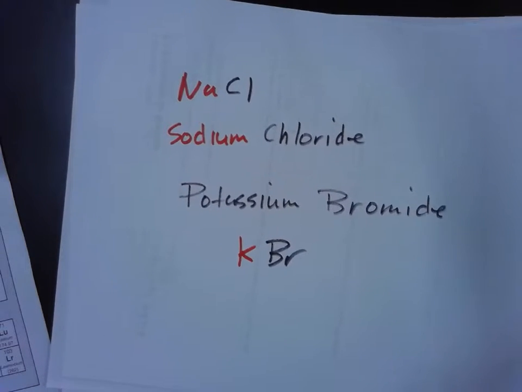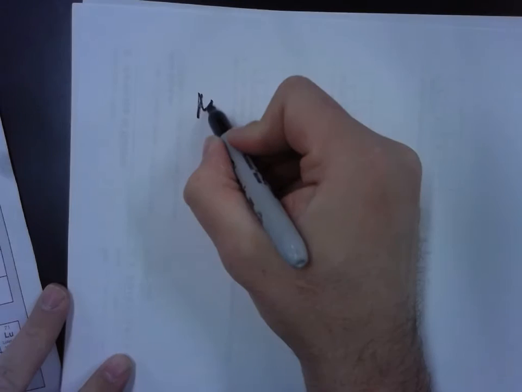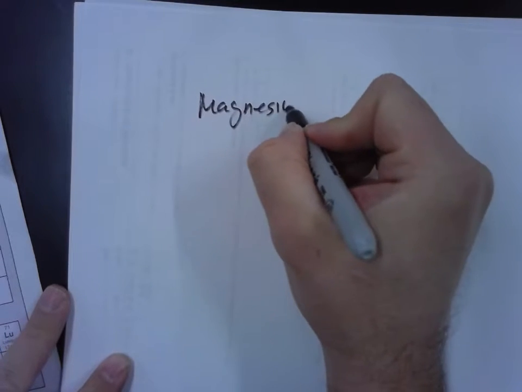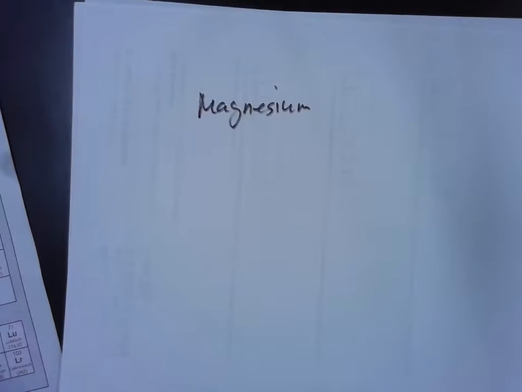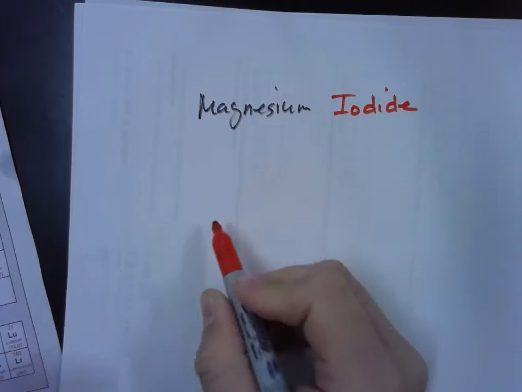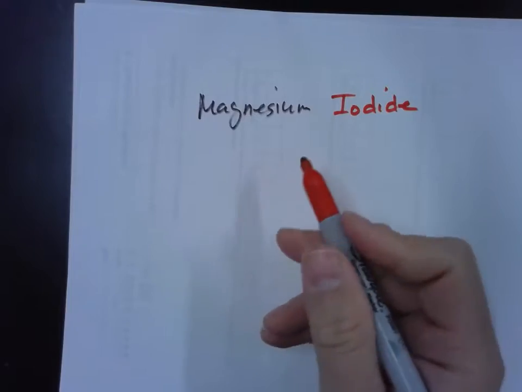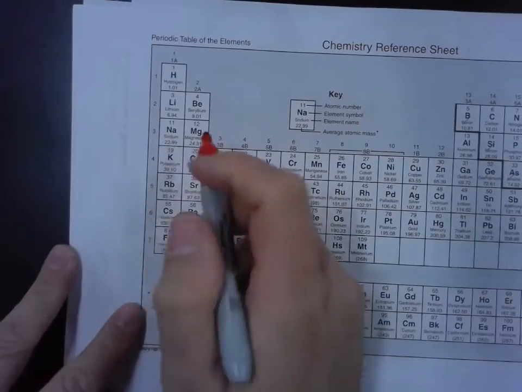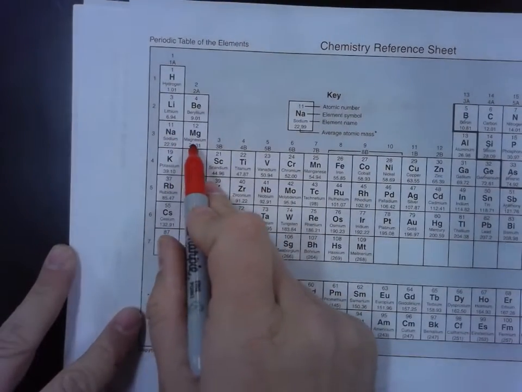What about magnesium iodide? Now, before you just write in Mg, you have to look at the periodic table here and see that Mg loses 2 electrons.